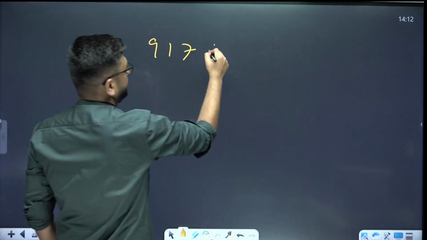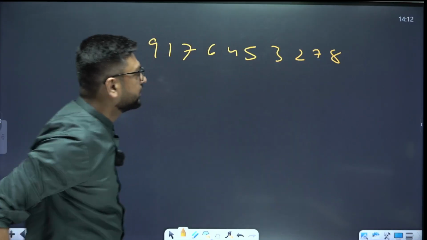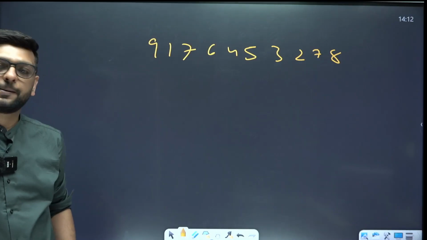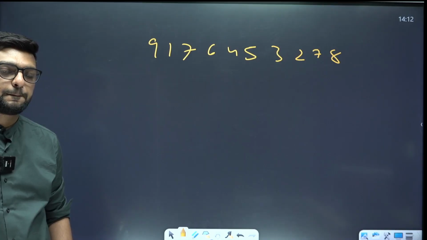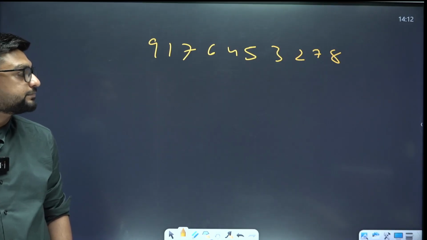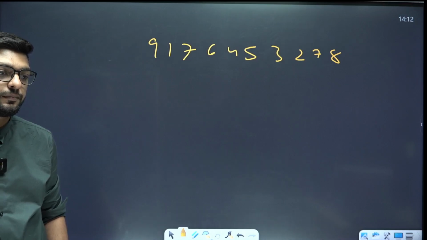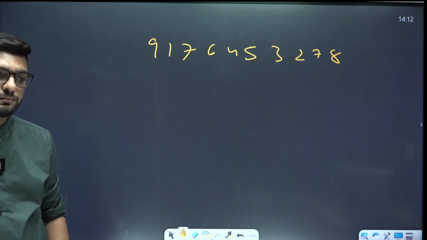9 1 7 6 4 5 3 2 7 8. ठीक है. Do it fast. This is just for your calculation. One remainder.